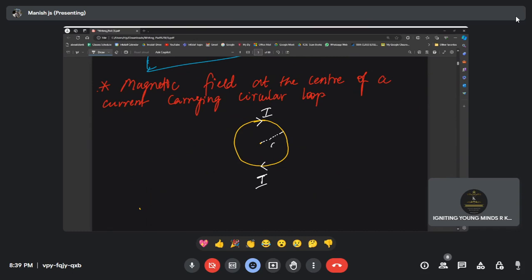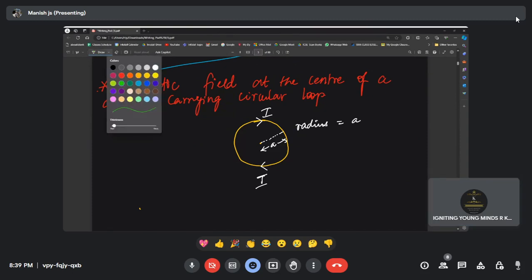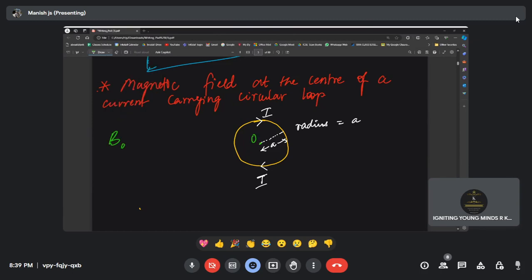Say we will use the letter A. Okay, so the radius is A here. Okay, and I is nothing but your current. In that case, what is the magnetic field at the center? So center I will mark it as O. So the magnetic field at O, how do we express?